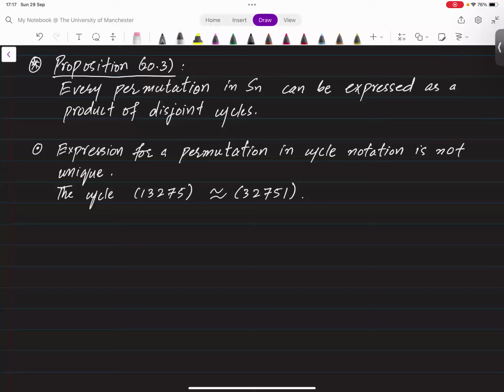The second is that the order in which we write the disjoint cycles does not matter.